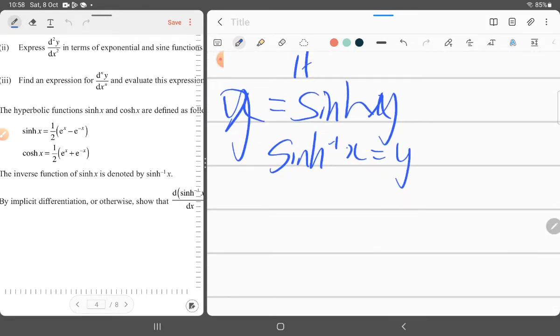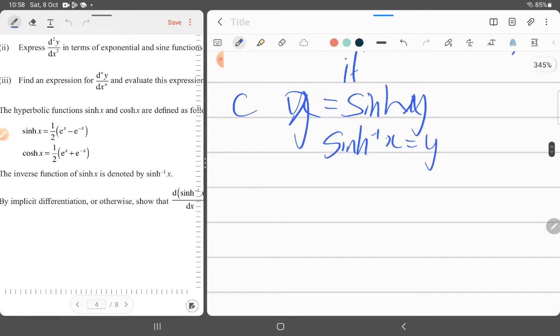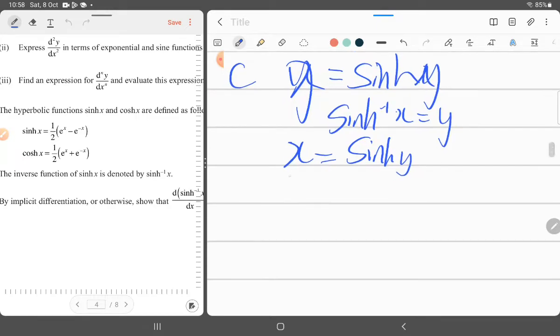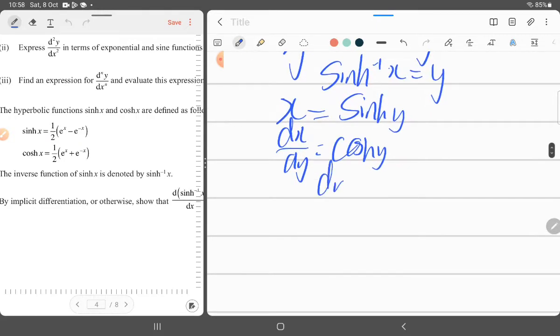Then for x to sinh function y, we differentiate it in relation to y, so dx over dy is equal to cosh y, but then let me just flip it, so to get dy over dx, so dy over dx is equal to 1 over cosh y.